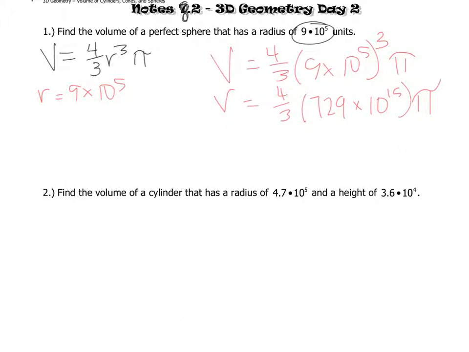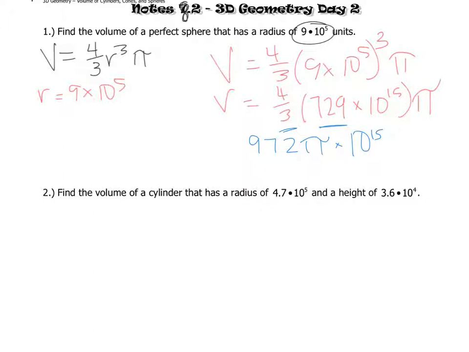Now what we do is we take this number and we multiply it by 4/3. So we have 729 times 4 divided by 3 is 972. We're still multiplying by pi, and we're also multiplying by 10 to the 15th power.